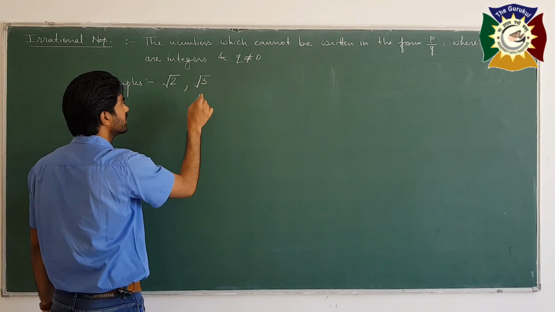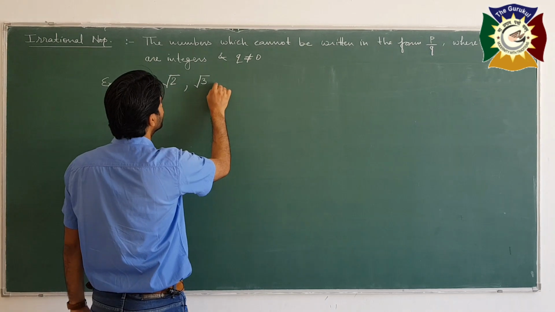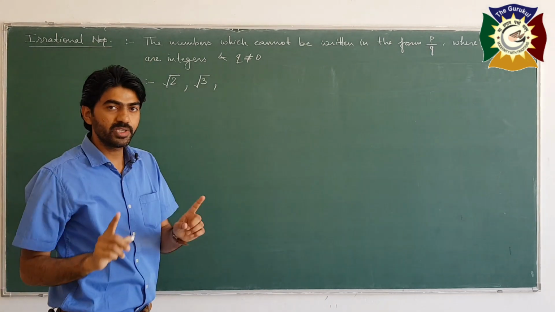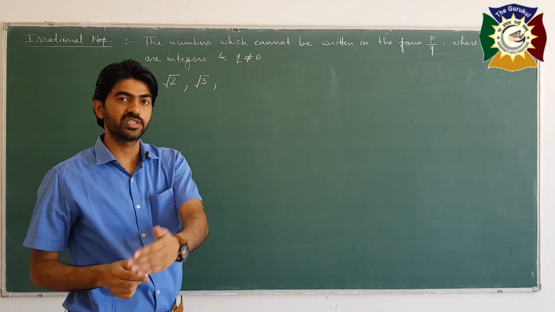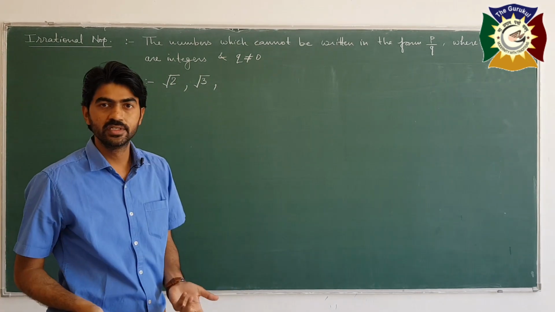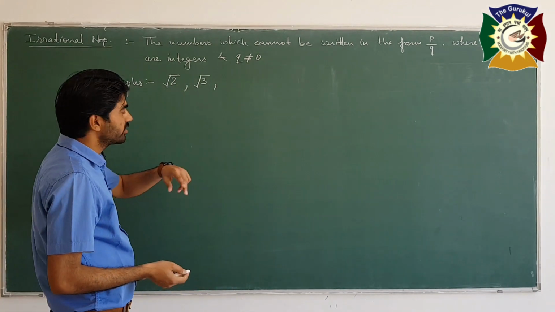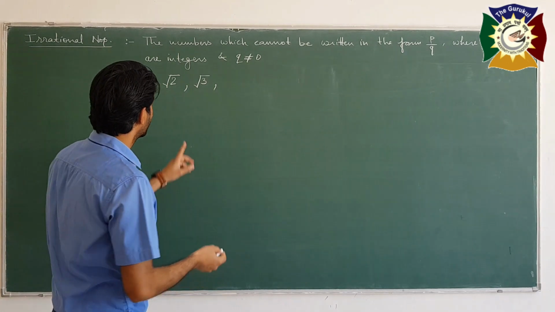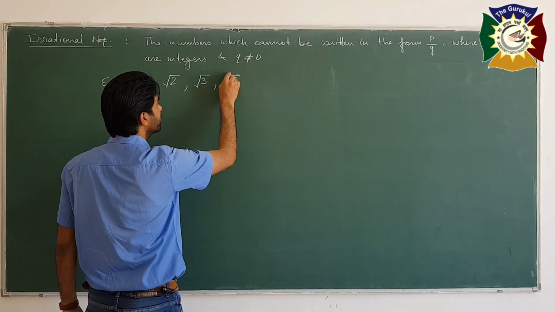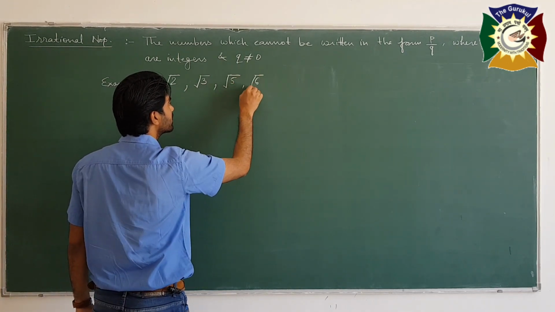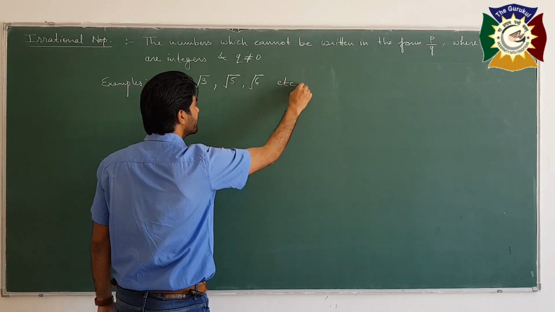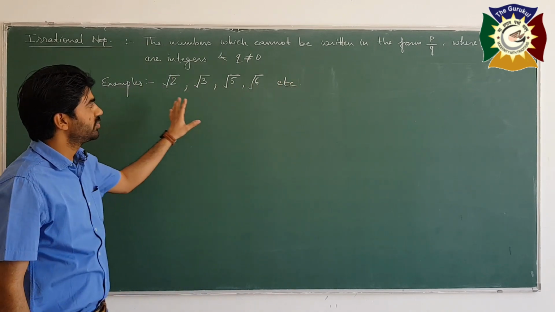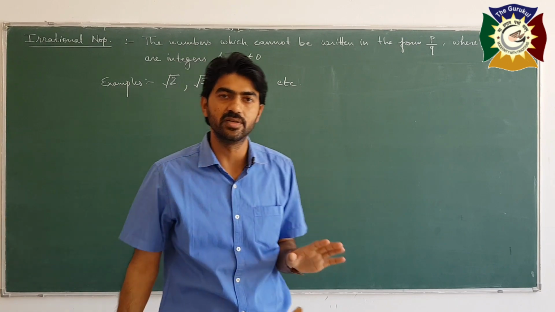Root 3 is an irrational number. Root 4 will not be irrational. Why? Because root 4 is equal to plus minus 2, which is an integer, so that will be a rational number. So root 4 will not be taken. Root 5, root 6, etc. These are the examples of irrational numbers.